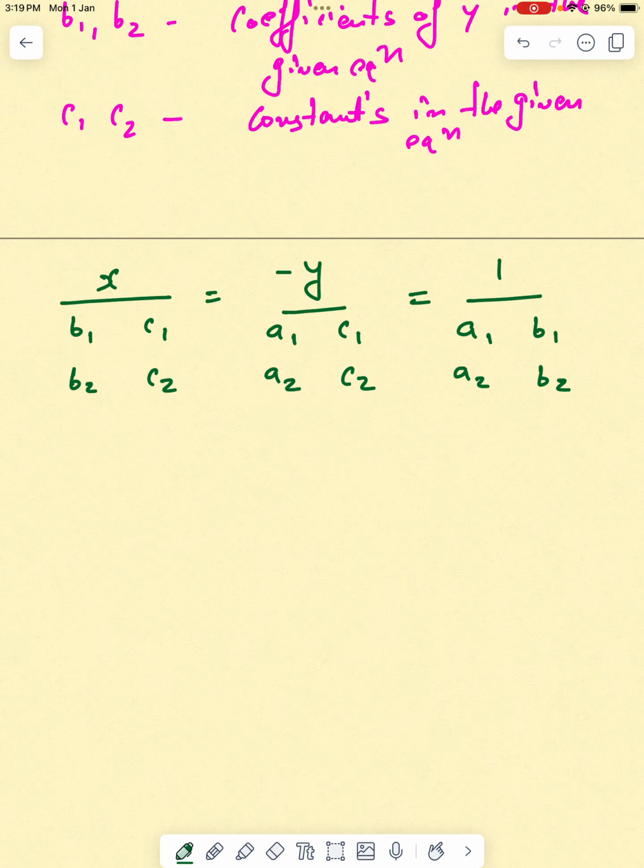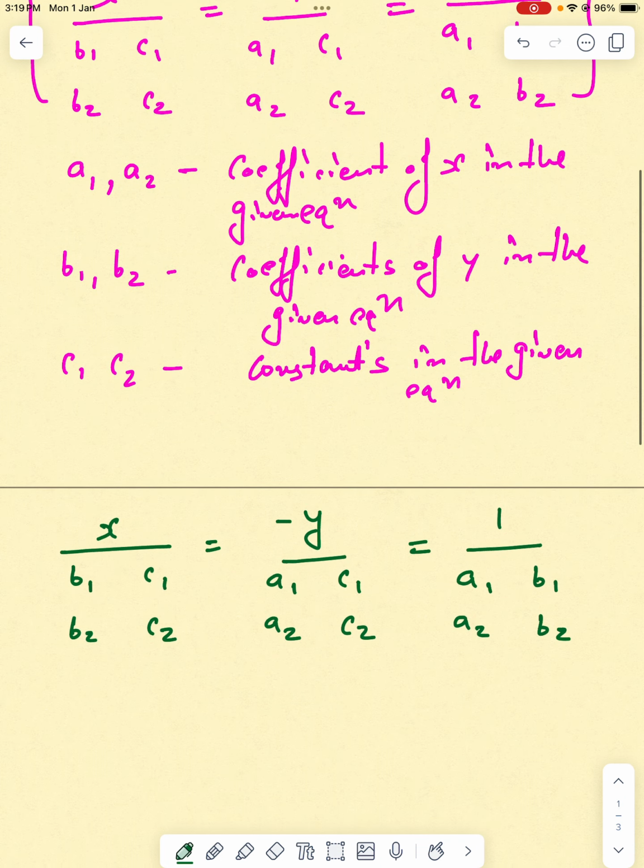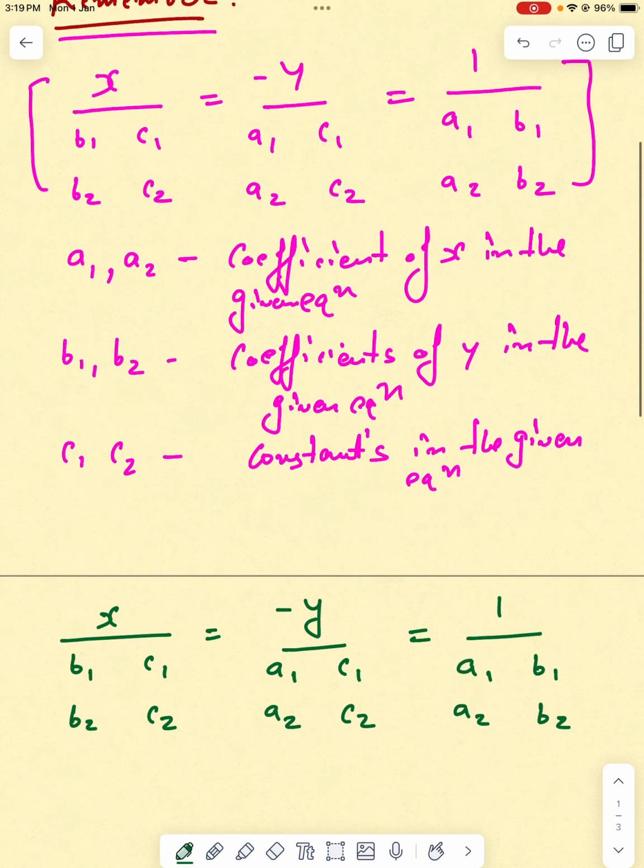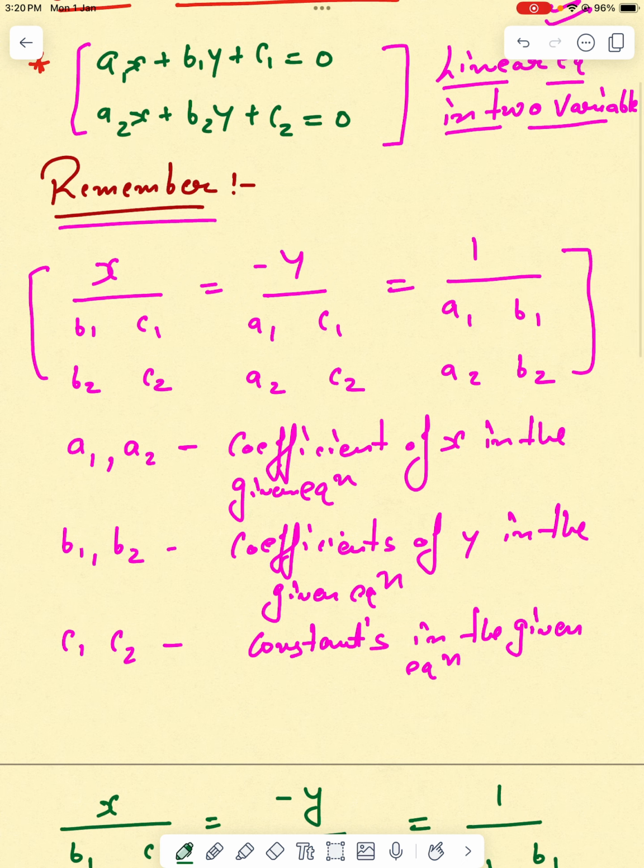So how will you remember this? You may get confused. You can remember it in whatever way you find easy. I will tell you how I remembered it.